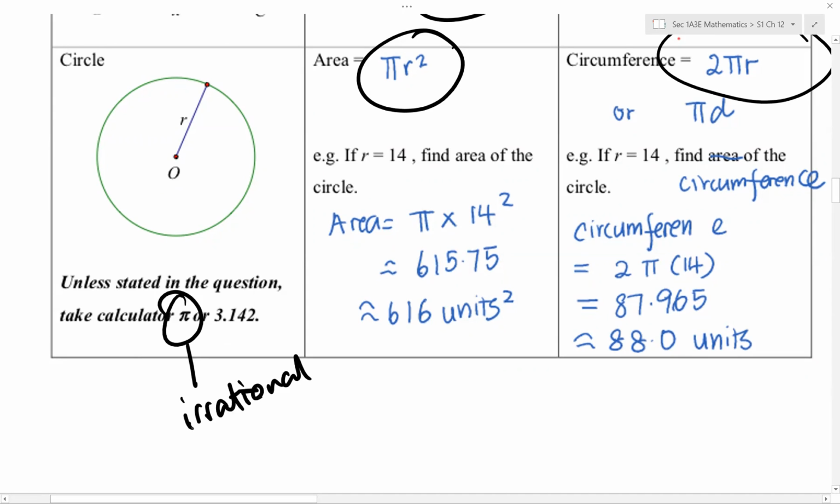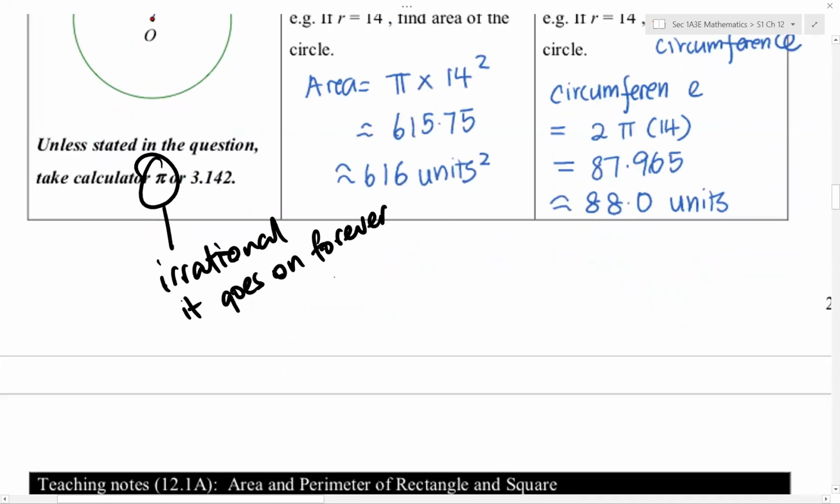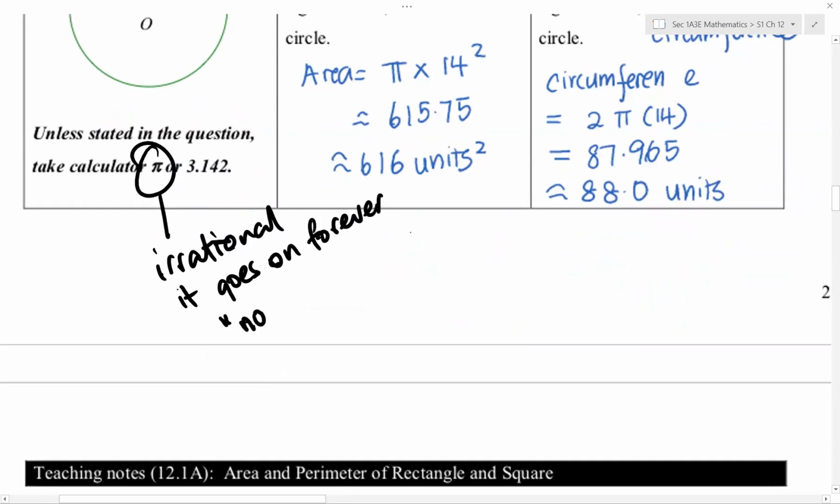So at this point, I'm doing a quick revision. It will be useful for you to write down in your notes, whether it's your hard copy notes or your iPad: this is an irrational number. It goes on forever. The technical term is non-terminating.